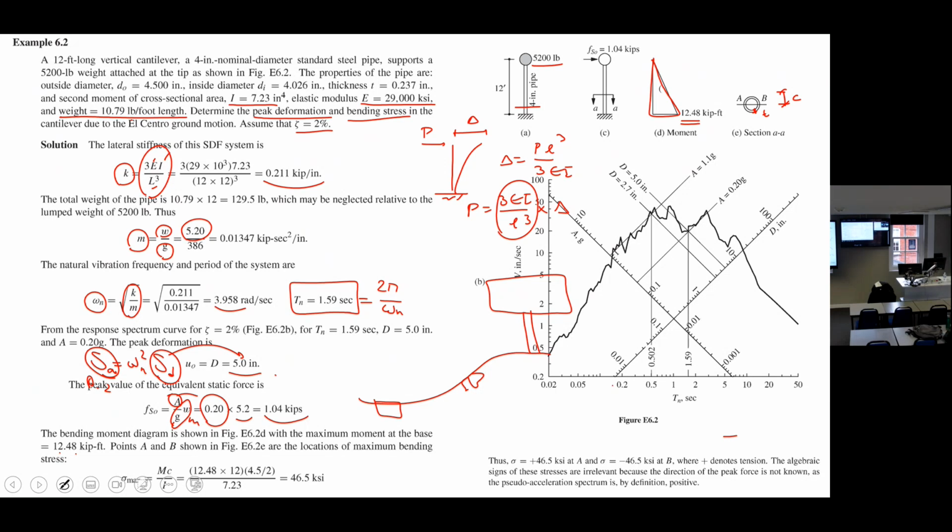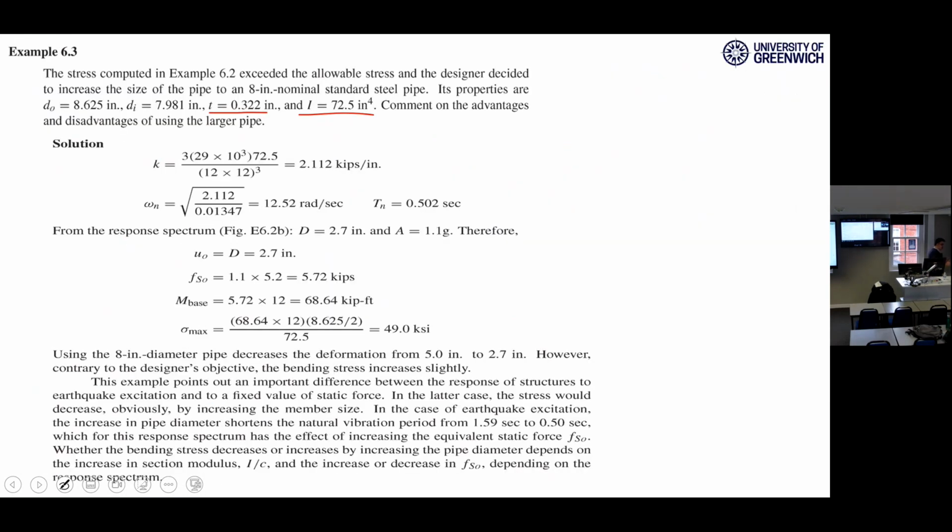The I was 7 something, now it's 72 something. Ten times more I, a huge section, a very good section. This is nothing but repeating the whole procedure again for this new section.